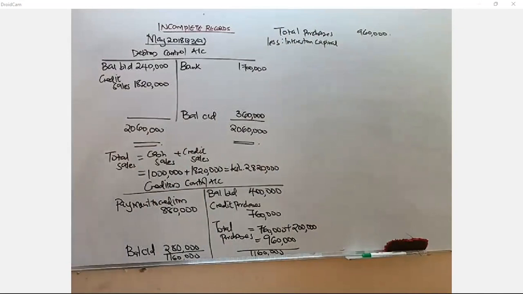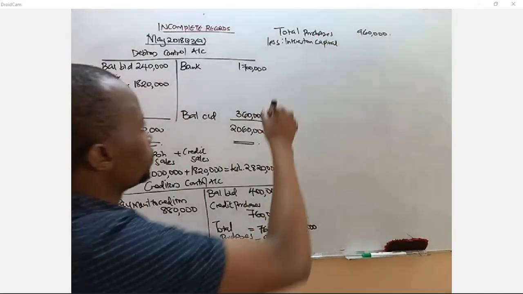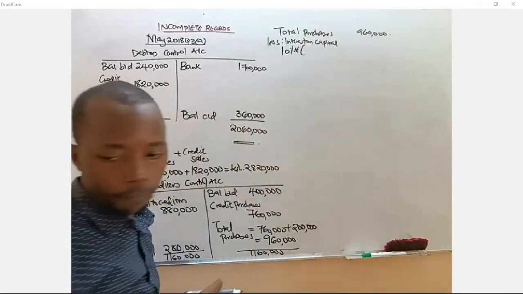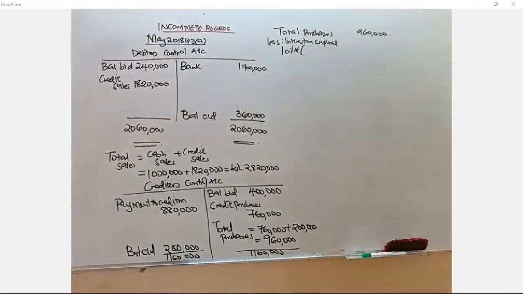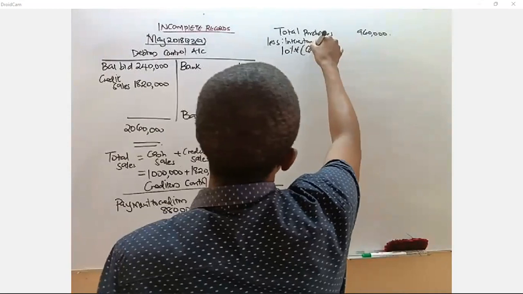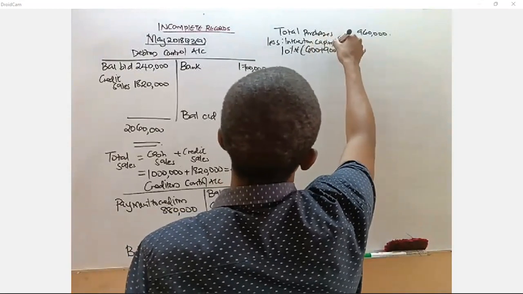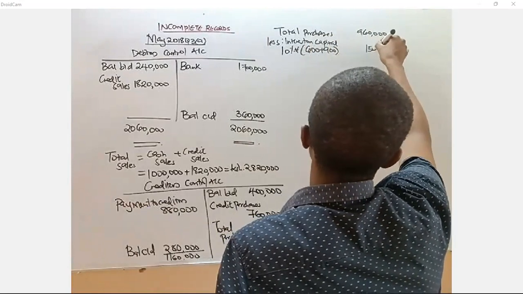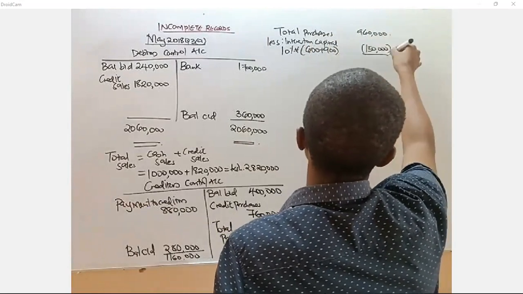So it will be 10% of the total of the capital, how much they were able to raise. When you go to the debit side of the cash book summary, I can see the one was able to contribute 600, the other one was 900. So that's total to 1,500. Then you are getting here 150,000.